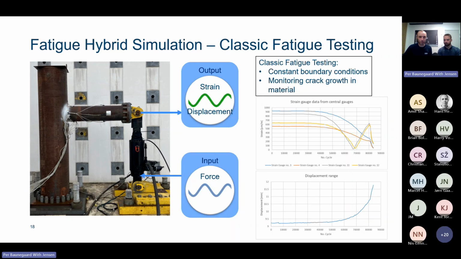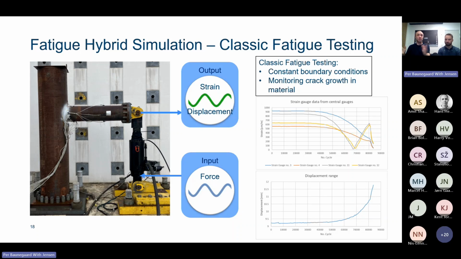And in the two graphs here, in the top we have some strain that we can see once it starts to drop, that corresponds to when we have the crack initiated. And once it starts to go to zero towards the end, that is when our crack is through thickness. Then the classical fatigue test is done, and we have our result.